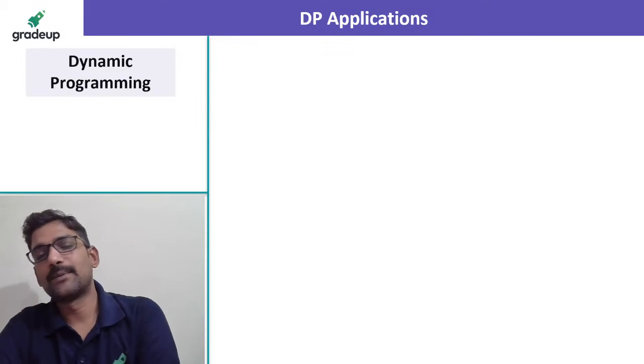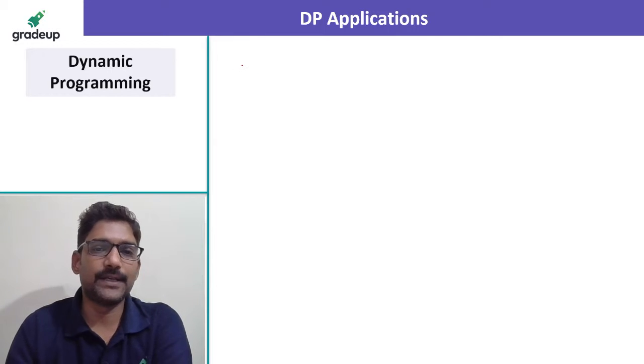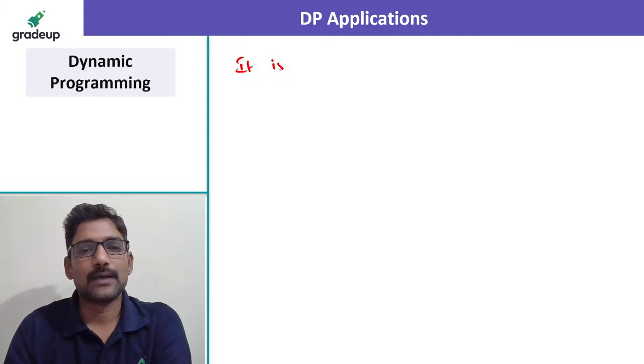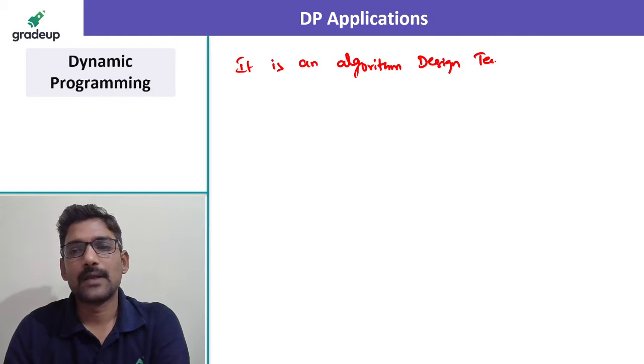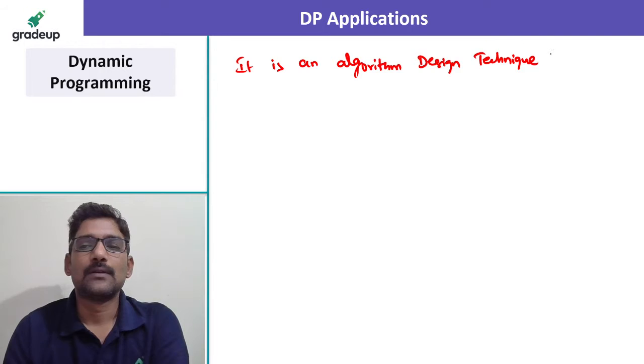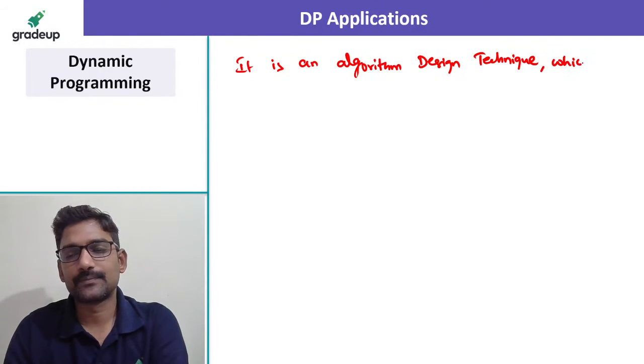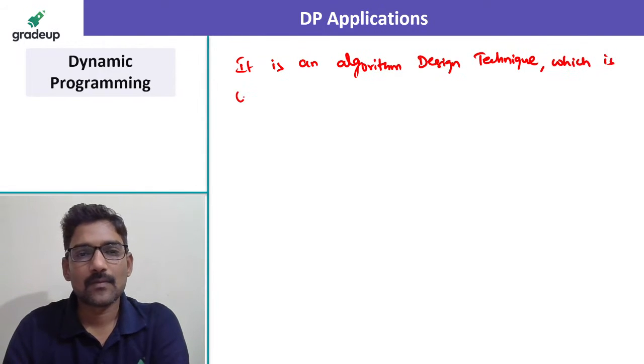So what is dynamic programming, guys? It is an algorithm design technique which is used to solve optimization problems.